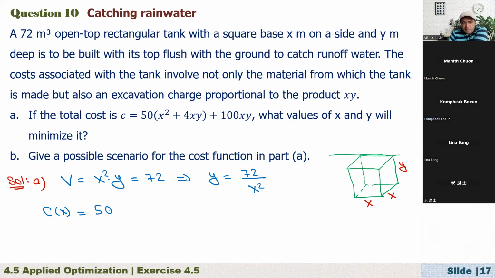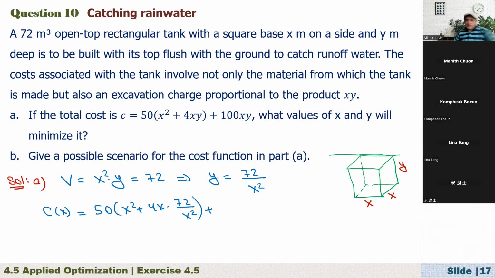So that's equal to 50x squared plus 4x times y, and y is 72 over x squared, plus 100. Actually, is it correct, y for xy? Anyway, let me just check one more time.